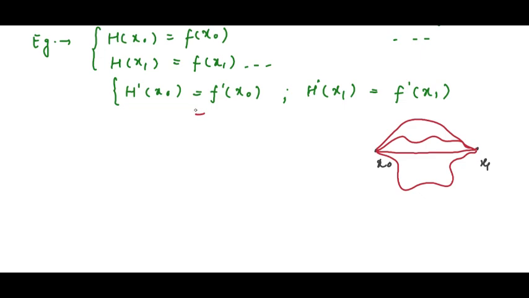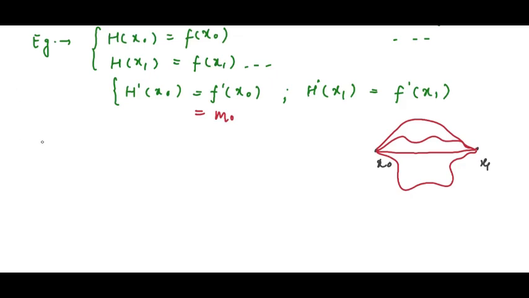For example, f dash x0 becomes m0, and now our polynomial must not only pass through the point x0, f(x0), but it also must have the correct slope, that is m0, at that point. Therefore, Hermite interpolation controls both the position as well as the slope of the interpolating polynomial at the specified points, and this generally provides a more constrained interpolation polynomial.